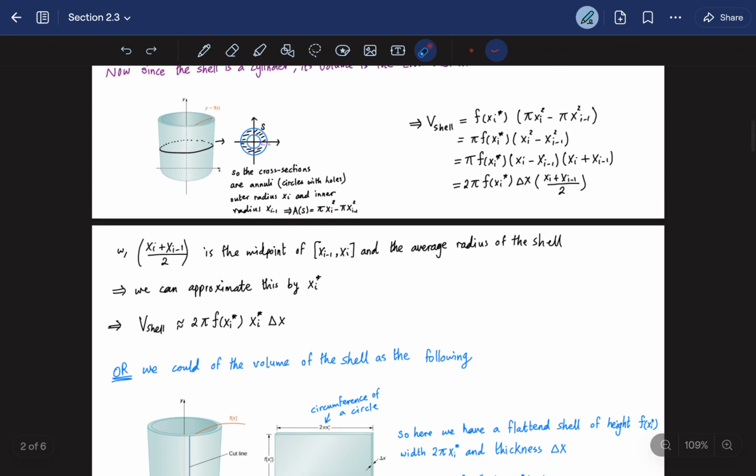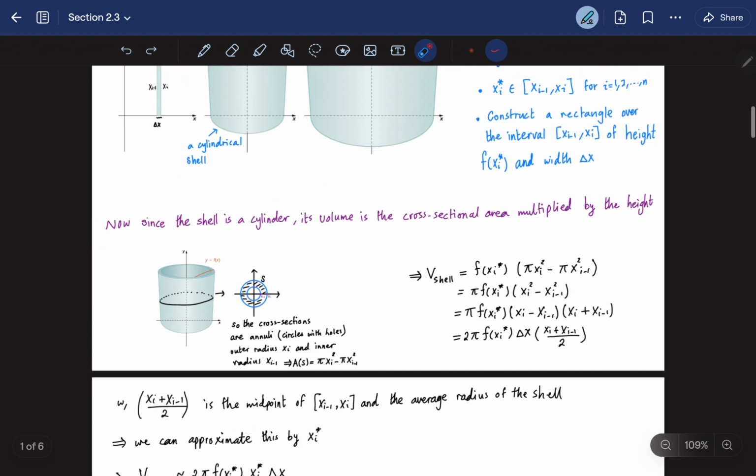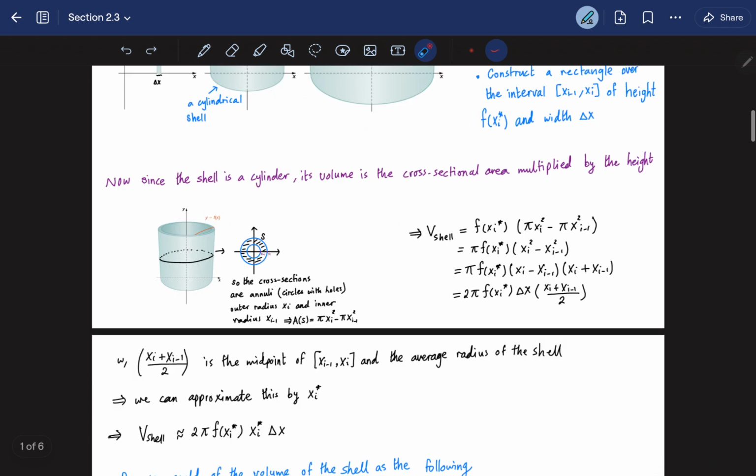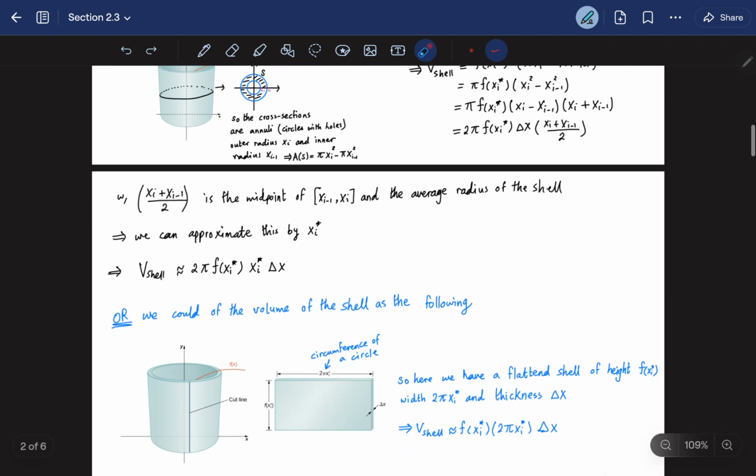So we can approximate it by x i star, because x i star is just a point inside of your subinterval. So instead of writing this whole thing, you can just write x i star. Now this is going to be the volume for each one of these shells. So to calculate the volume for this whole thing, you just want to sum it, right?